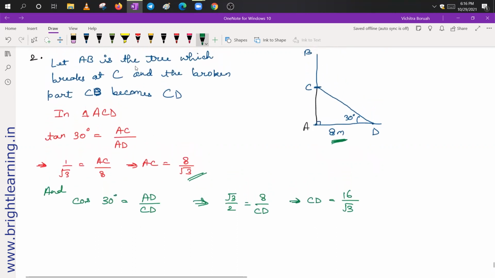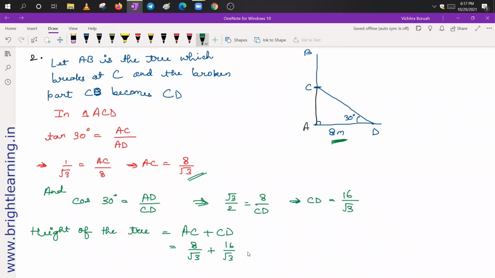So now height of the tree is equal to AC plus CD. Now AC is 8 upon root 3 plus CD is 16 upon root 3. Next you take the LCM, and if you add it you will get 16 plus 8, that is 24.